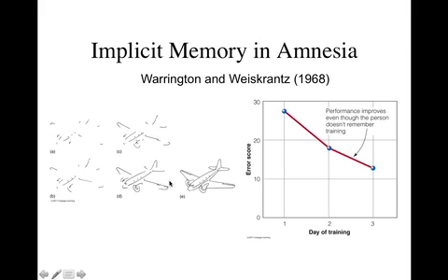They were shown these pictures of the airplane, and over days of training, they were able to recognize the airplane at lower and lower levels of information. So they were able to recognize it, say, originally maybe at D, and then over time they were able to recognize it at C and B, and so on and so forth. Even though they would have no explicit memory, if you asked them what they had seen pictures of, they would have no idea.